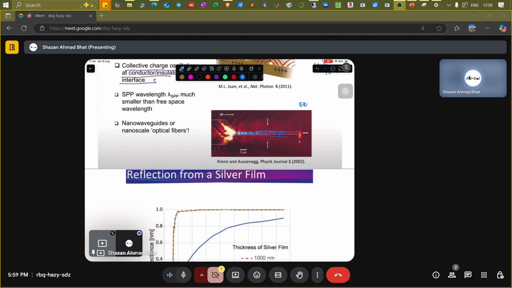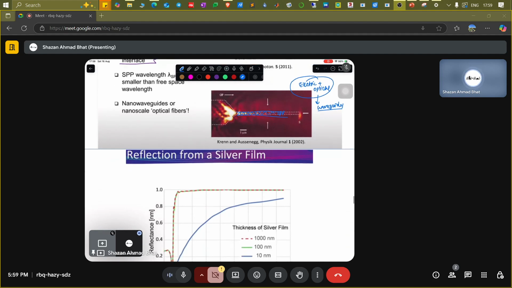It's like an electric plus optical combination, and they can be used to make waveguides and all sorts of things where you can propagate the signal. They are a huge research domain right now, hot topics being pursued in different parts of the world.